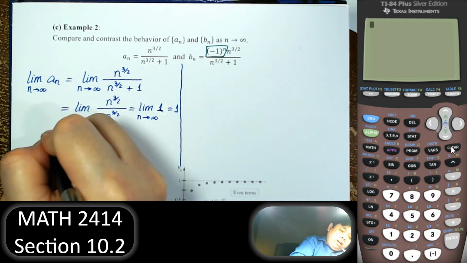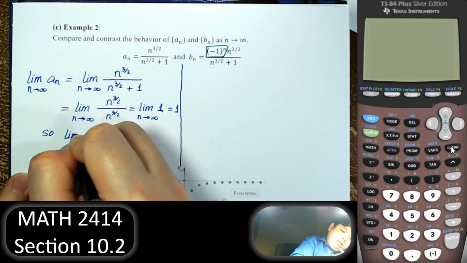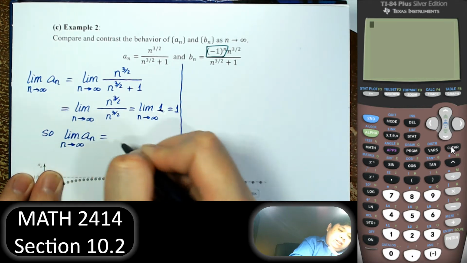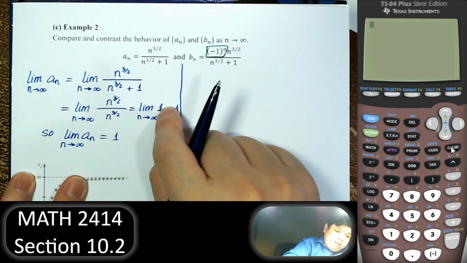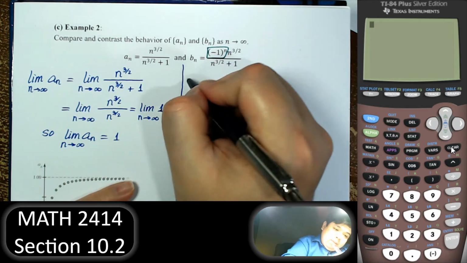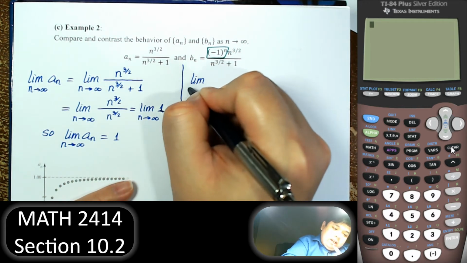So we have the limit as n goes to infinity of a sub n equal to 1. Next, how about b sub n?